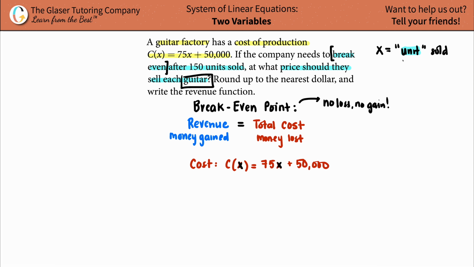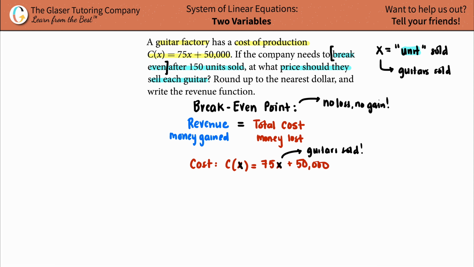So what is the unit here? The unit is guitars. So our X value is how many guitars have to be sold.